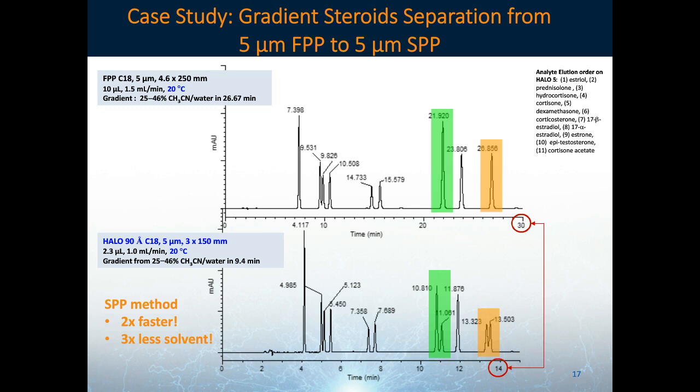But when you go to the Halo column, you can see that we've kept the particle size the same at 5 micron, but we've gone to a smaller ID and a shorter column. So we can do the separation 2 times faster with better resolution of those peaks highlighted in green and orange, and also we're using 3 times less solvent.